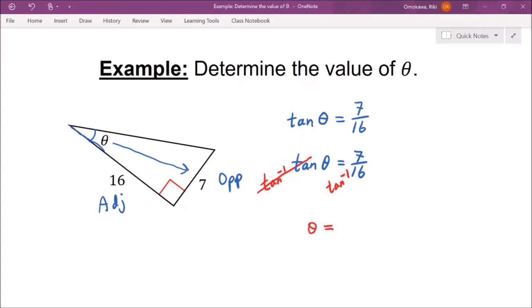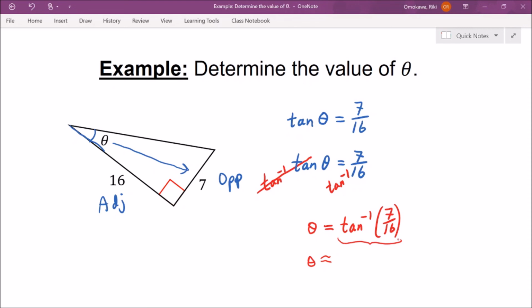So theta equals inverse tangent of 7/16. That's just some number that we can use our calculator to find. So theta is around, and whatever this is in our calculator, it's going to be a weird number.